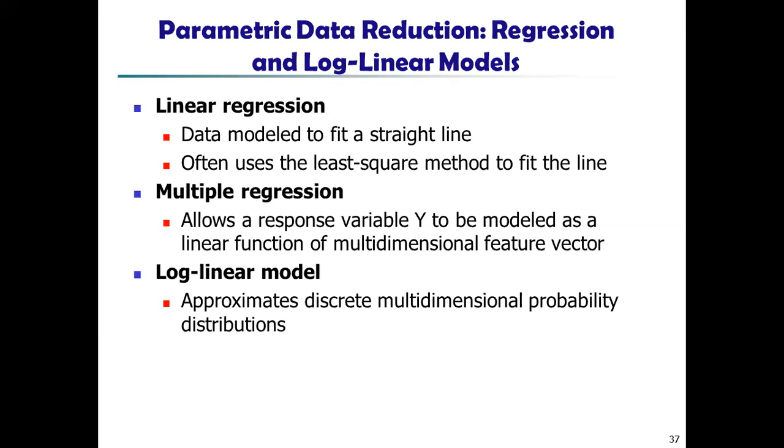And multiple regression allows the response variable y to be modeled as a linear function of a multidimensional feature vector. And the third one is the log linear model, which approximates discrete multidimensional probability distributions. These are the three models we have to discuss in parametric data reduction.